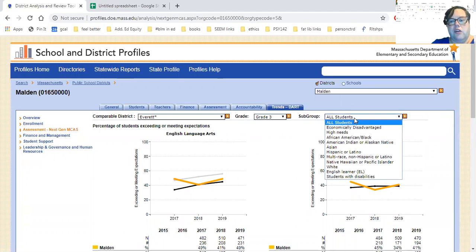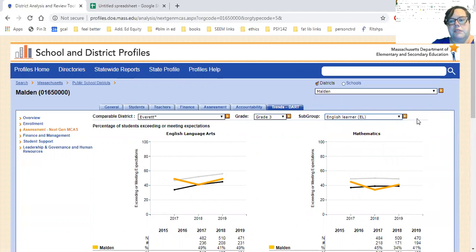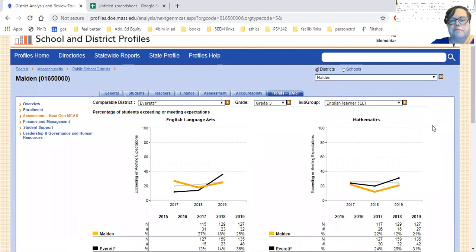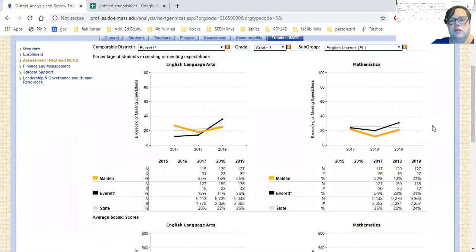Also here we can look at all students, subgroups, or we can pull out specific ones. So here we're looking at the third grade MCAS and how it has gone across time. We've got some pretty low rates for meeting and exceeding expectations in both districts. Everett's, though, really shot up in 2019.